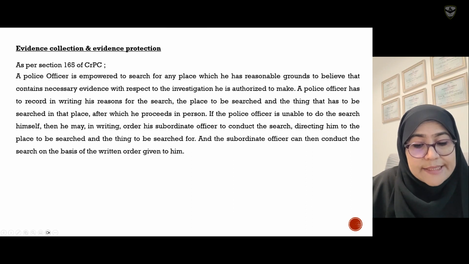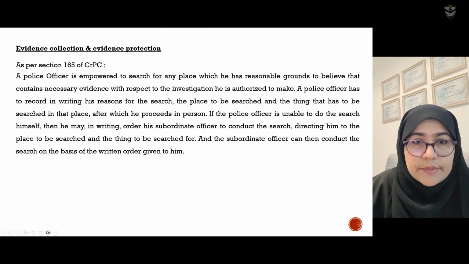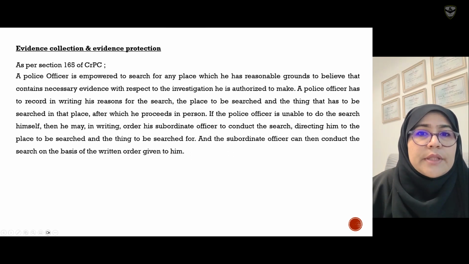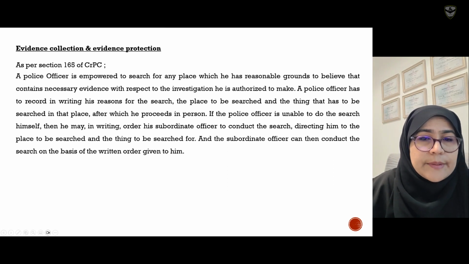And as per section 167 of CRPC, the accused or arrested person cannot be detained for more than 24 hours. There are certain procedures prescribed in this section which need to be followed if the investigation cannot be completed within 24 hours.